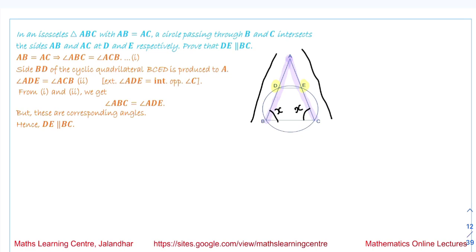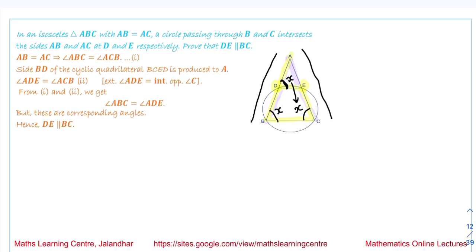Now look at this cyclic quadrilateral BCED. This side BD is extended in this direction to DA, and we are saying that this is the exterior angle, and the exterior angle x is equal to the interior opposite angle for a cyclic quadrilateral. We know this property, so this angle at D is also equal to x.